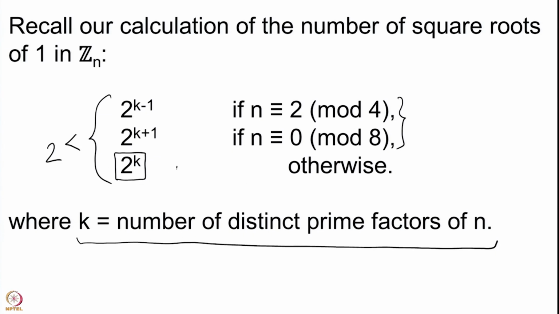So, this is bigger than 2 if this number k is bigger or equal to 2. So, whenever you have 2 or more odd prime factors, the group UN cannot be cyclic. So, for instance, if you were looking at 3 into 5 and therefore, you would look at U15, then U15 is never going to be a cyclic group.